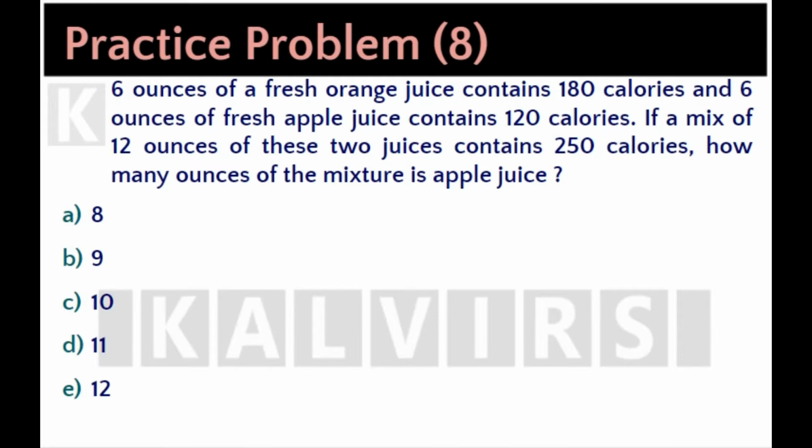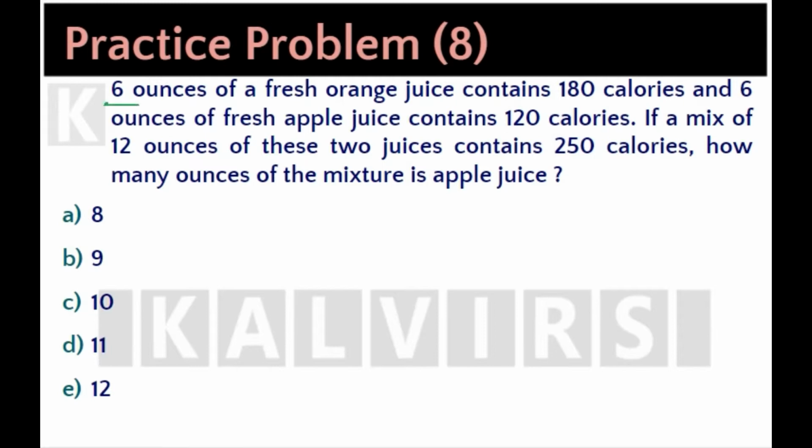Six ounces of fresh orange juice contains 180 calories, and 6 ounces of fresh apple juice contains 120 calories. If a mix of 12 ounces of these two juices contains 250 calories, how many ounces of the mixture is apple juice?